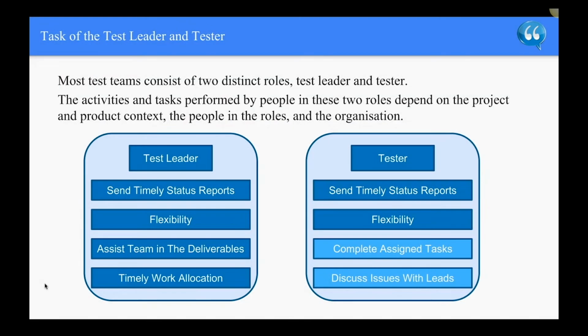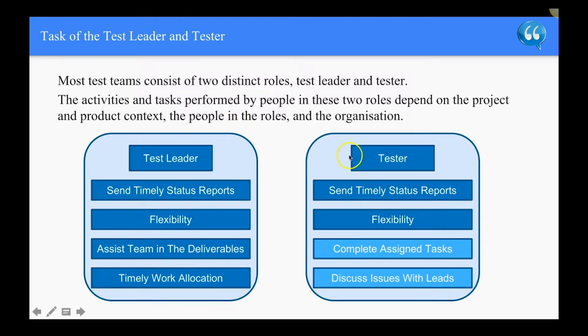So, tasks of the test leader and tester. Most test teams consist of two distinct roles, test leader and tester. The activities and tasks performed by people in these two roles depend on the project and the product context, the people in the roles, and the organization. The test leader and the tester sometimes overlap in what they do, but they have specific key points.